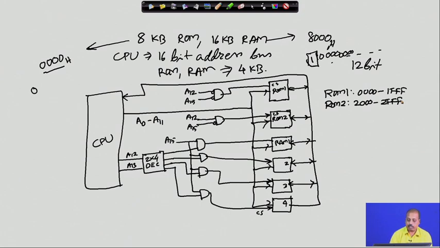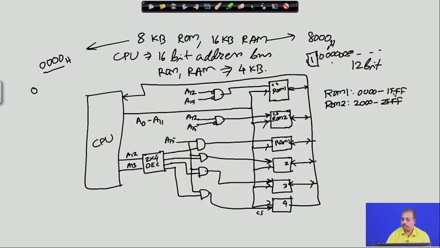And of course, you see there will be folding, because I have not used the lines A13 and A14 while decoding these ROM chips. So, they will get folded. As a result, I will also get this. So, this is 1FFF.